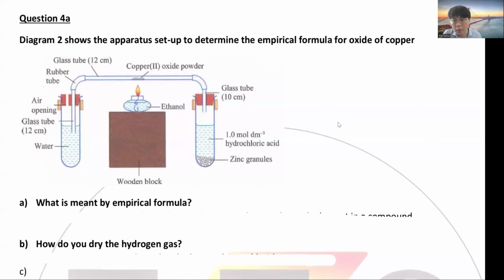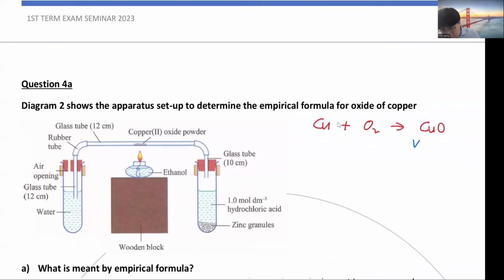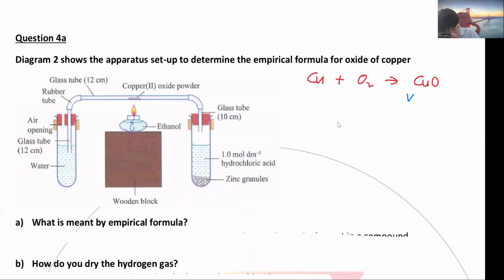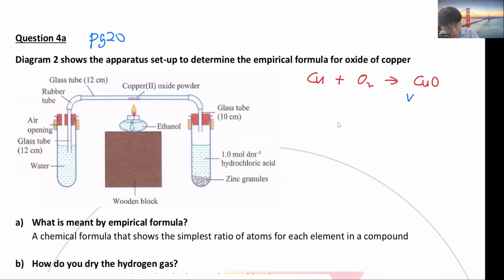Since we know that Cu plus O2 becoming CuO is very slow. This is page 20. If you add the definition for the empirical formula, simplest ratio.